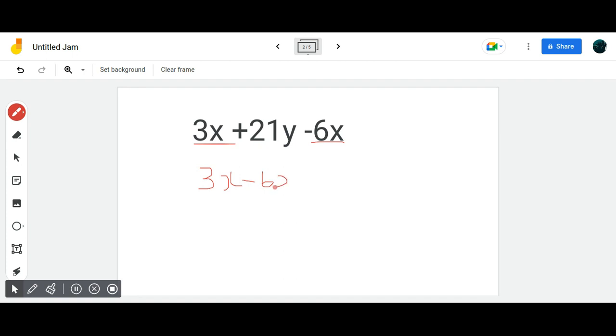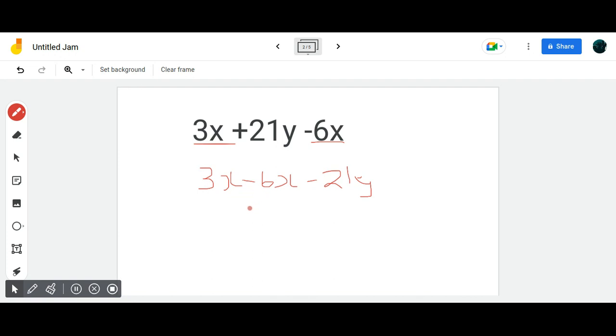So I'm going to have 3x minus 6x minus 21y, and now we can go ahead and solve and then factorize.